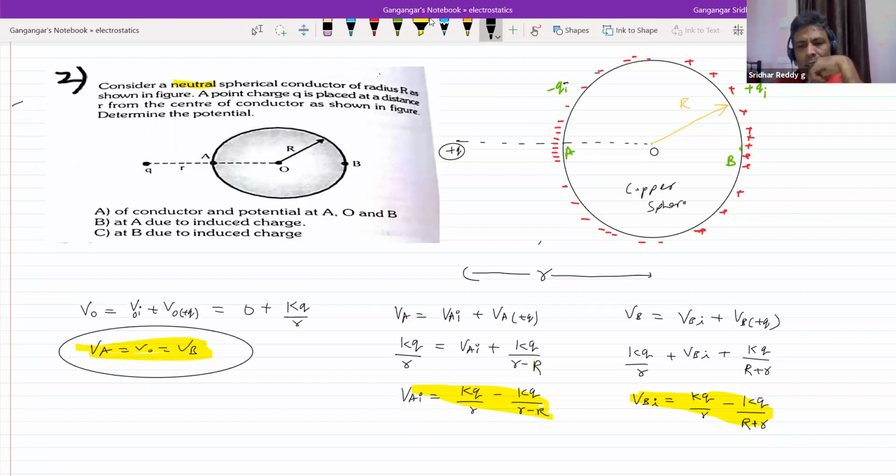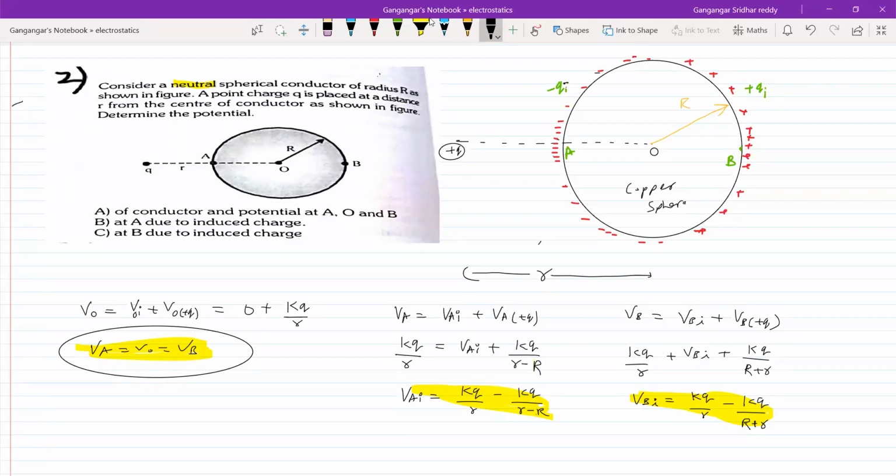Okay, what is the correction? Equal to sign, sir. You kept a plus sign here. VBI. After KQ by R, you kept a plus sign.